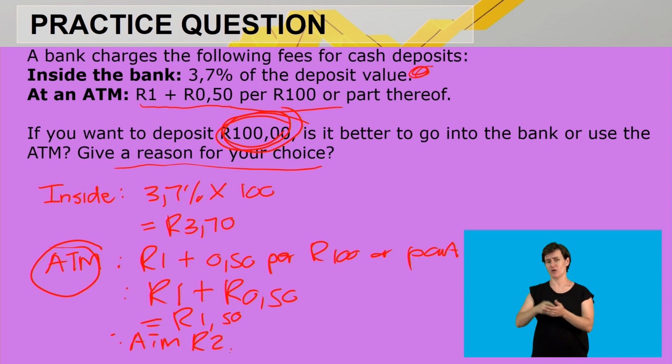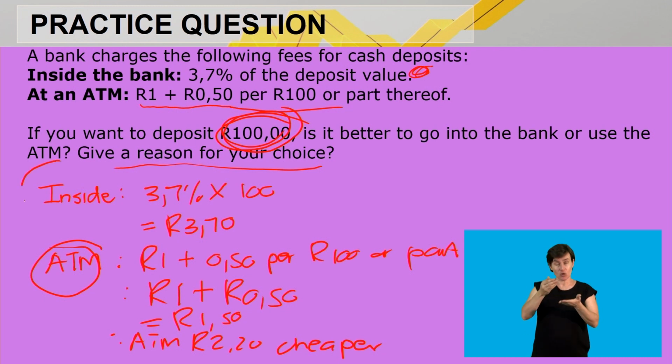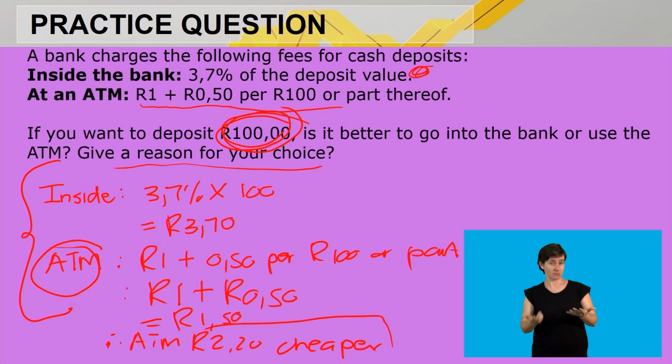So then you say it's 2.20 rand cheaper. So what did I do? I did show my calculations. I arrived at a decision and I told the people who's asking the question why I made such a choice.